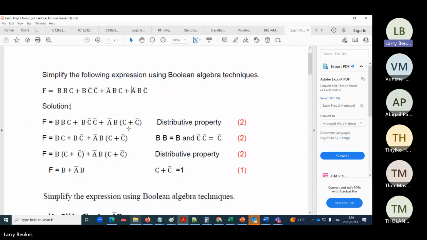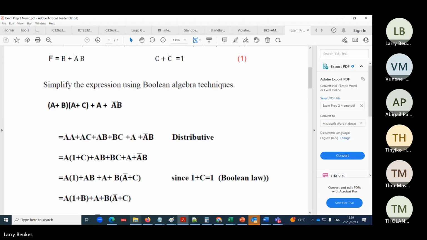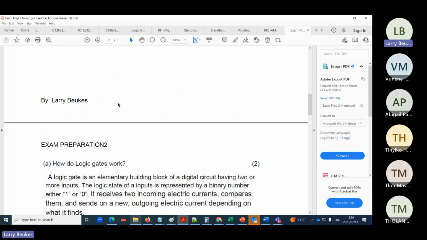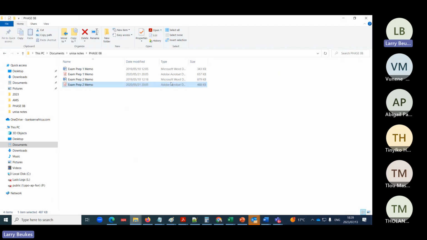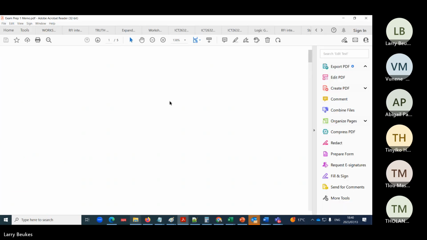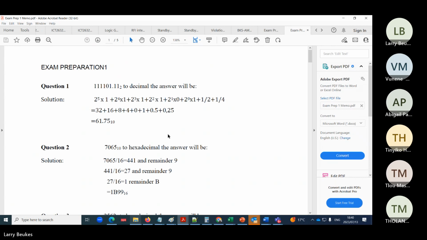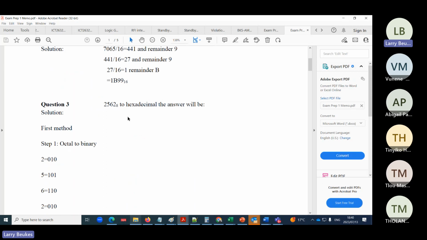Okay, exam preparation. So this is Boolean algebra. One's complement. No, this one is boring. Let's go to this one. Great stuff. This one is very, very nice. Do you see what I mean?